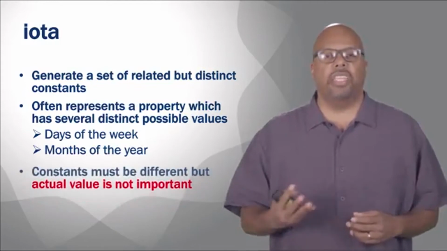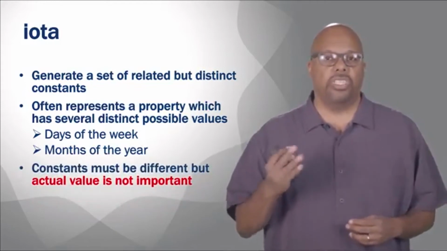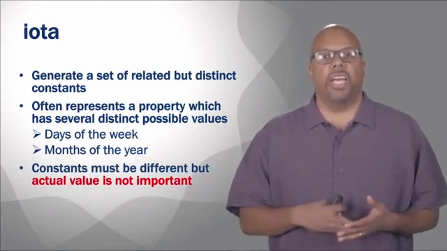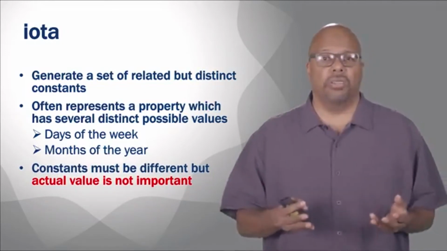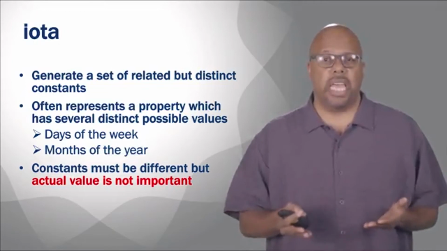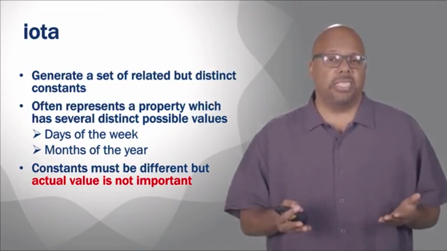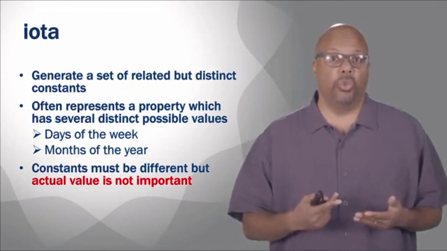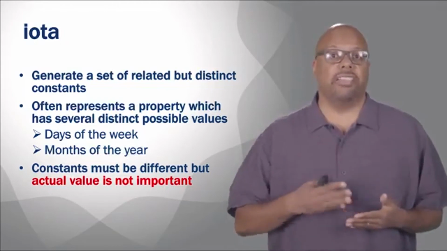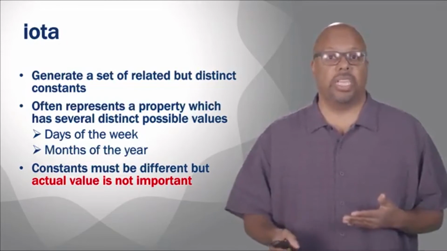So the key thing about these constants is when you use iota to generate them, the constants need to be different, but the actual value of the constants is not important. If I have Monday, Tuesday, Wednesday as my constants, I don't care if Monday is 500 or 5,000 or 2, as long as Monday is not the same as Tuesday, which is not the same as Wednesday, right?